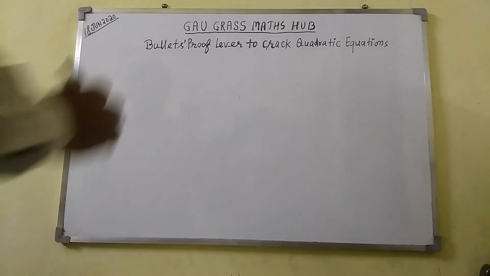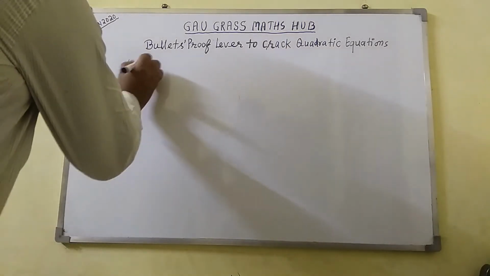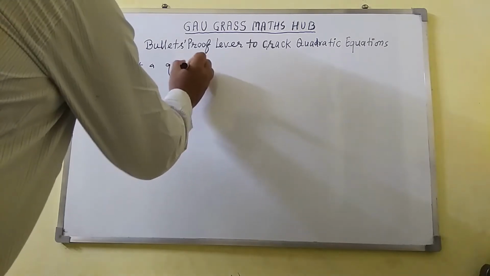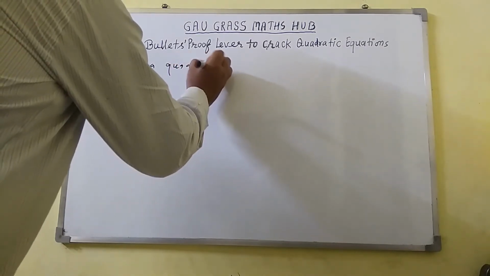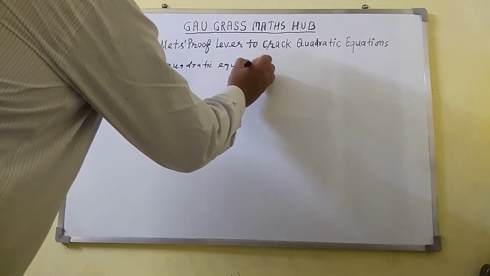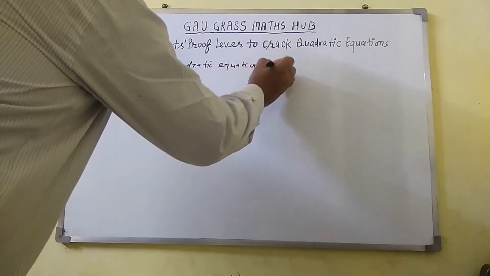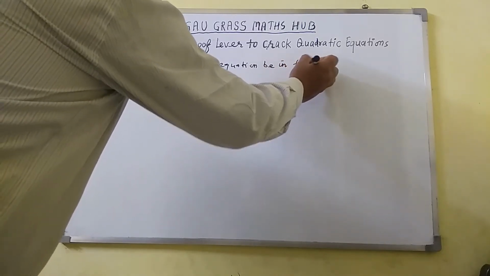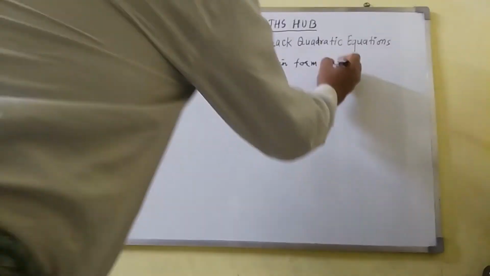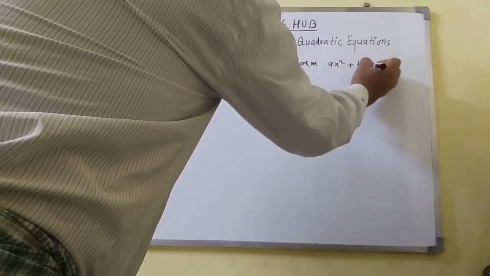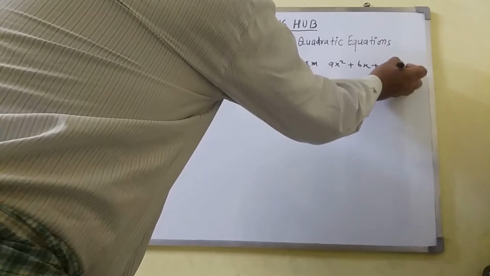Let a quadratic equation be in the form ax square plus bx plus c equal to 0.